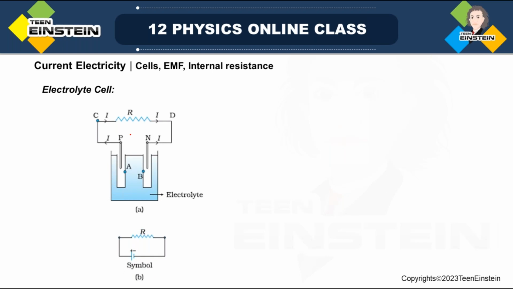If you can just see, this is a schematic diagram of an electrolyte cell. See what the components of this electrolyte cell are, or how it is constructed. There will be metal electrodes, and those metal electrodes will be dipped into the electrolyte.